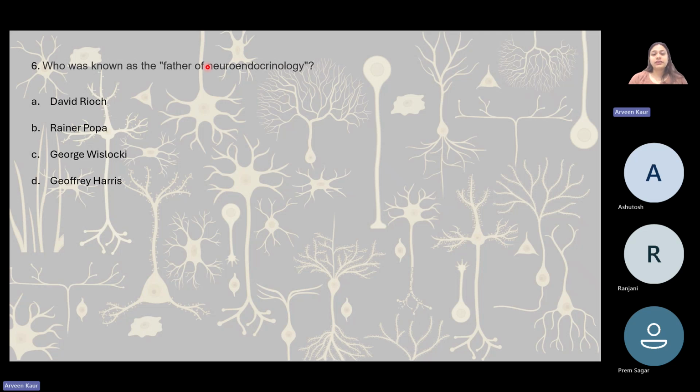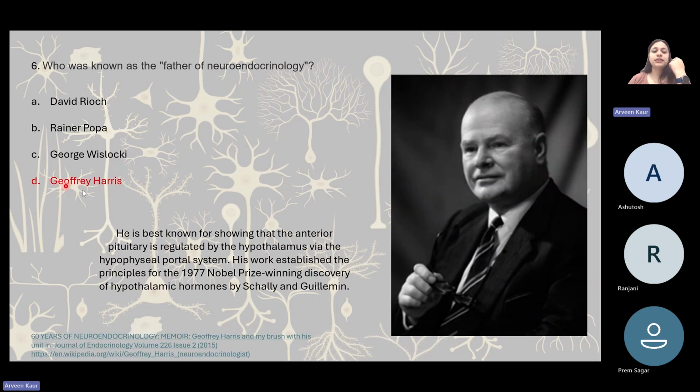So who was known as the father of neuroendocrinology? Was it David Rioch, Rena Popa, George Wislocky, or Jeffrey Harris? This is more a memory-based question. The correct answer is Jeffrey Harris. This is the picture of Jeffrey Harris.